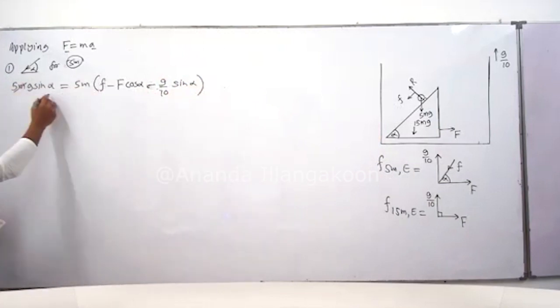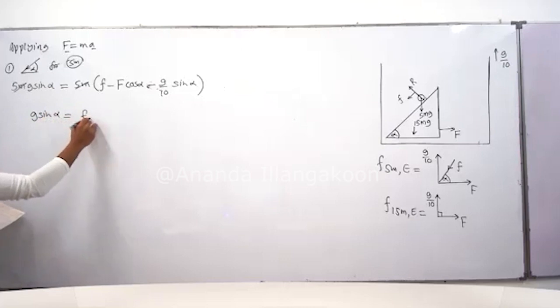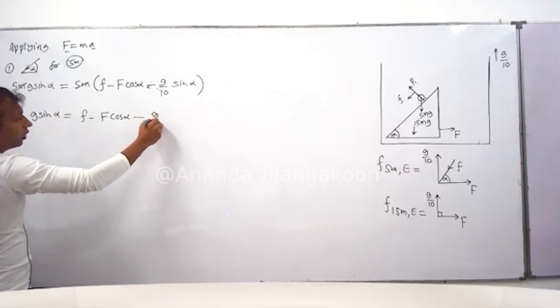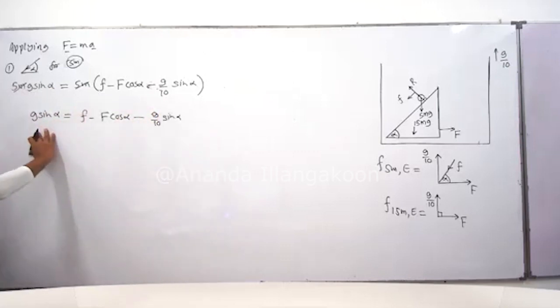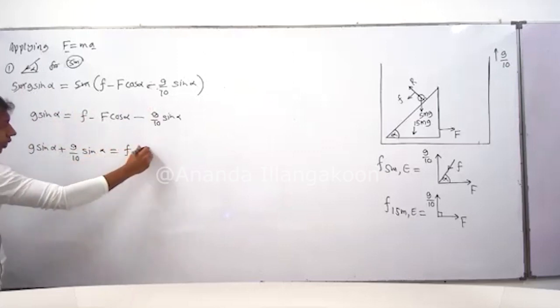This 5m you can cancel down. Then you can take g sin alpha on the left, and on the right-hand side simple F minus capital F cos alpha minus g by 10 sin alpha. Bring this to this side. Then we get g sin alpha plus g by 10 sin alpha equals simple F minus capital F cos alpha.